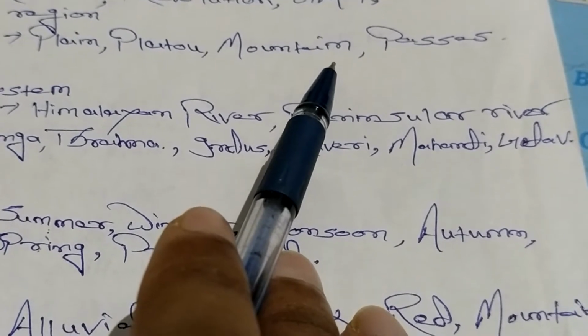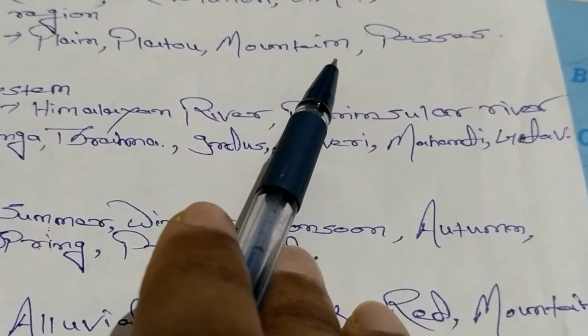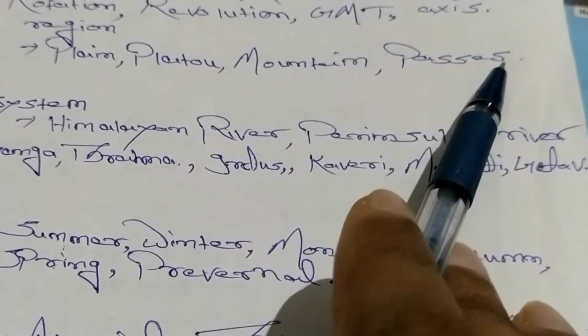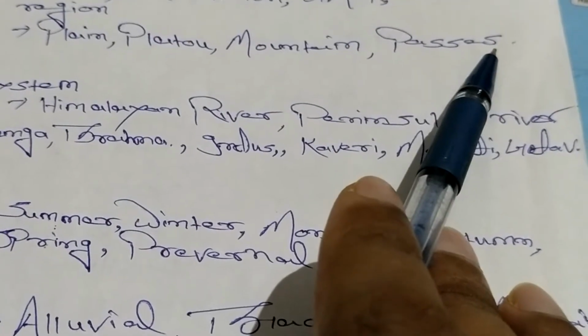Examples are the Himalayas, K2, Andes, Rockies, Kilimanjaro, etc. Then passes are gaps between the mountains, like a mountain ridge.